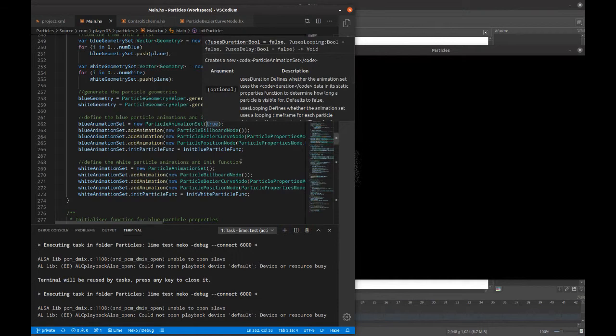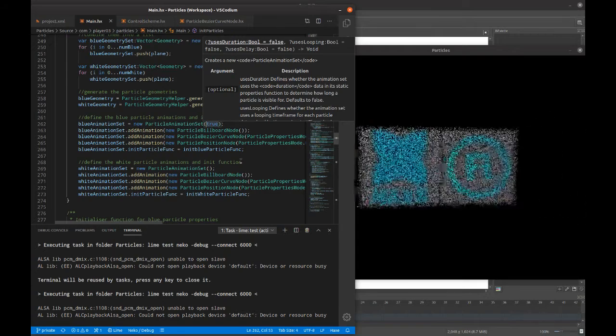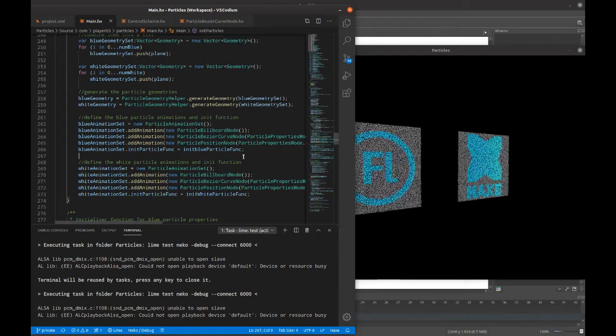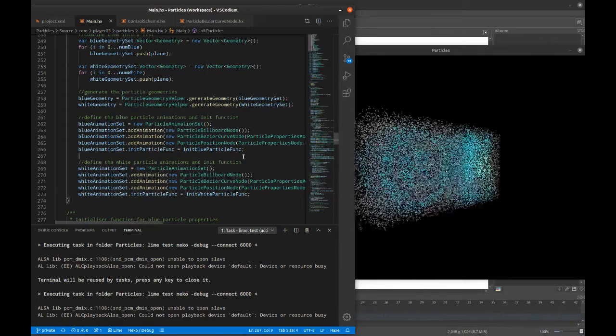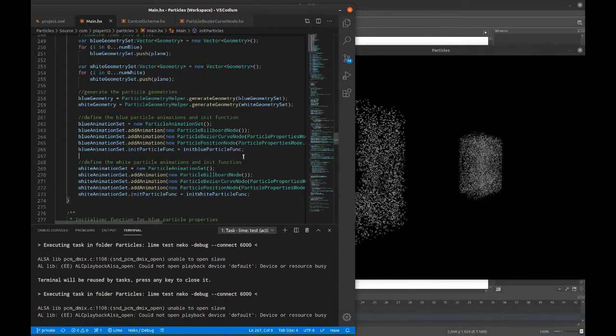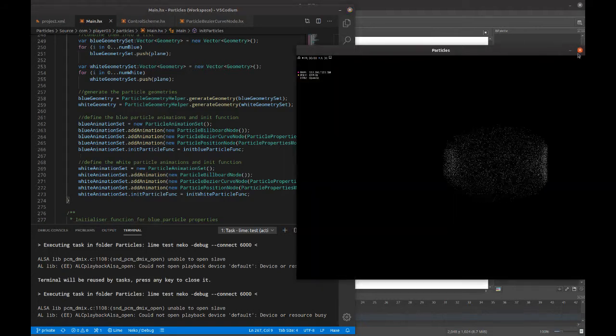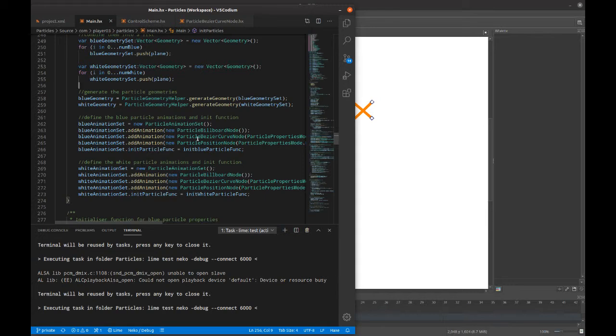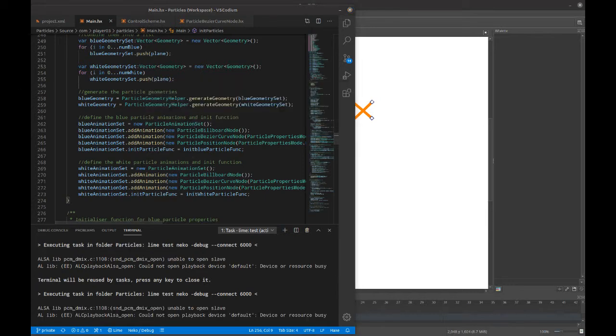I found it. Uses duration. Oh. Okay, that was it. Okay. I found the little bit of code that was different.